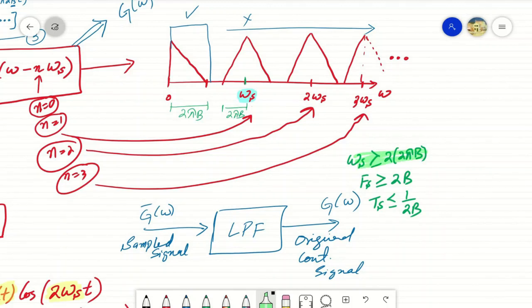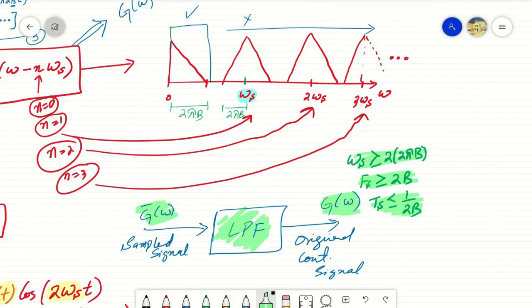If this condition is satisfied, which can be represented in terms of radians per second or hertz or in terms of seconds in time, then a low pass filter can be used to reconstruct the original continuous signal g of omega from the sampled signal g bar of omega.